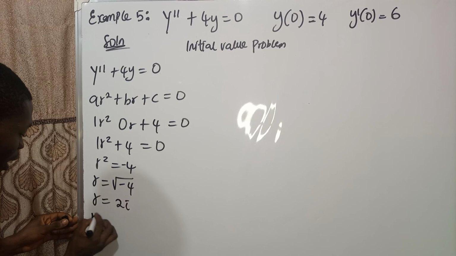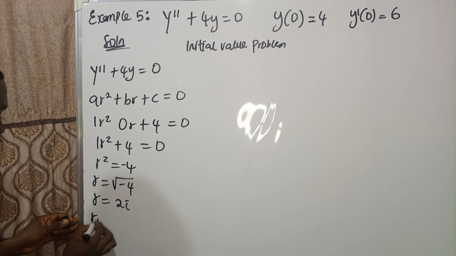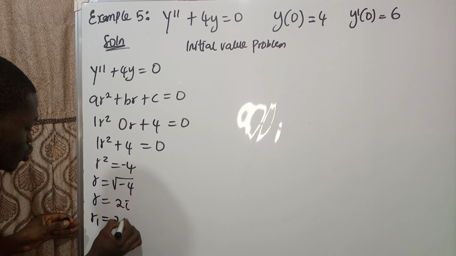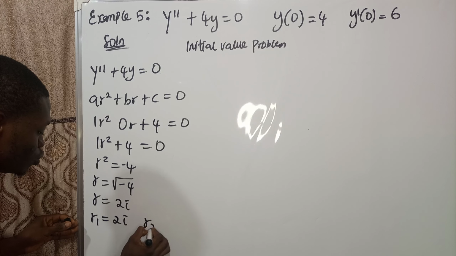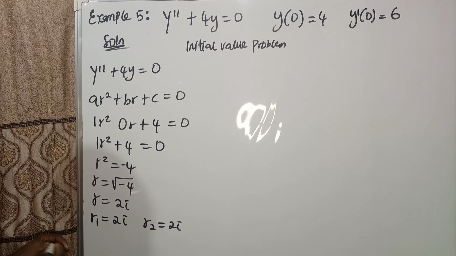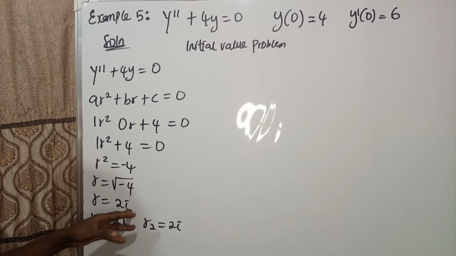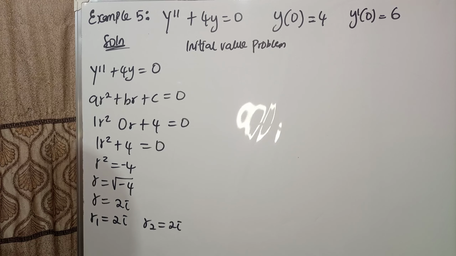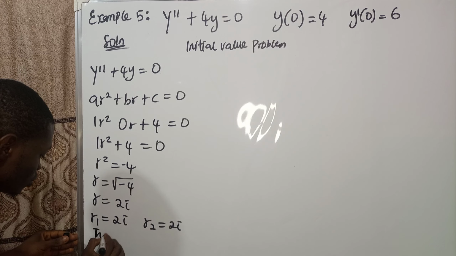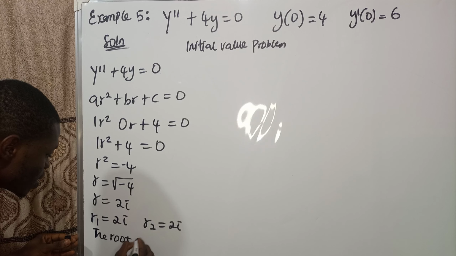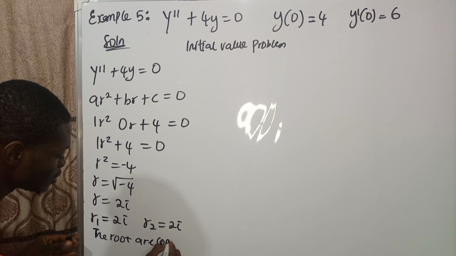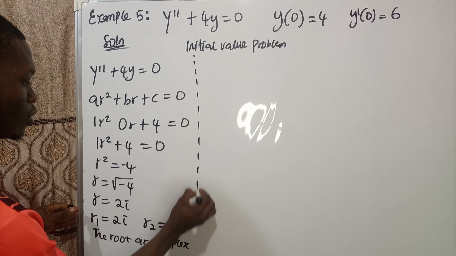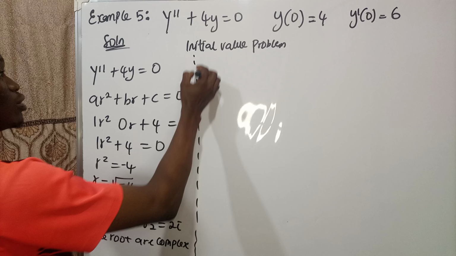Remember, r1 is equal to 2i and r2 is equal to minus 2i. Therefore the roots are complex.